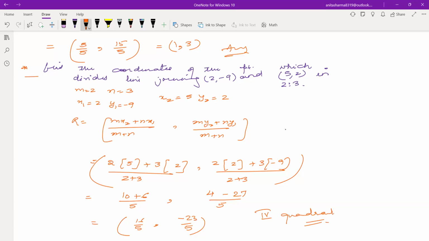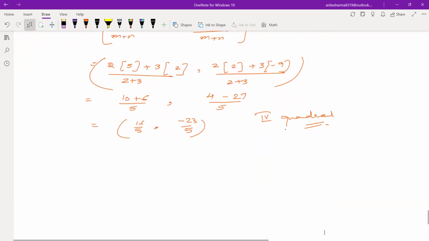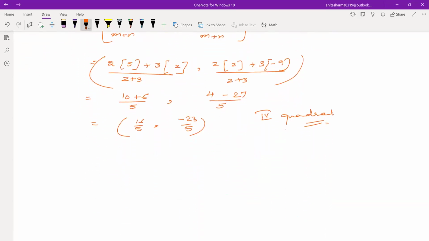Okay. So now the next question is: find the coordinates of the points of trisection.